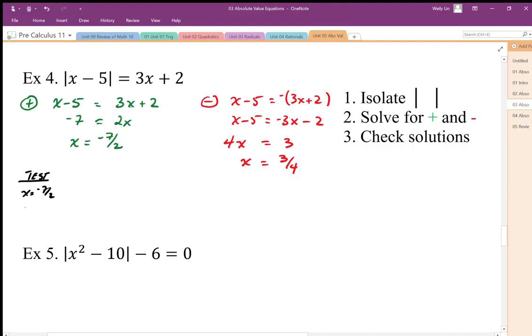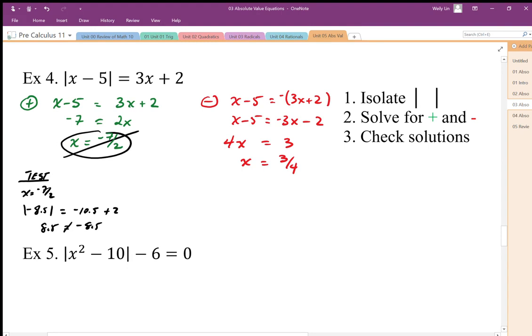So I'm going to end up with the absolute value of negative 8.5 is equal to, well, negative 3.5 times 3 is negative 10.5, plus 2. When I plug that in, I get 8.5 equals negative 8.5. That's not true. That's extraneous.